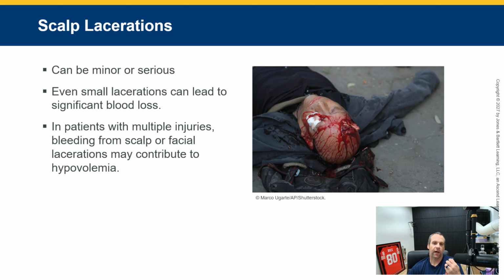Now, when we're talking about children and infants, who have less total blood volume, those are the individuals where that amount of blood could be more significant in terms of the potential for the patient to deteriorate much more quickly. If a patient has multiple injuries to the scalp and facial bleeding, that can add to more blood loss and eventually lead to hypovolemia.